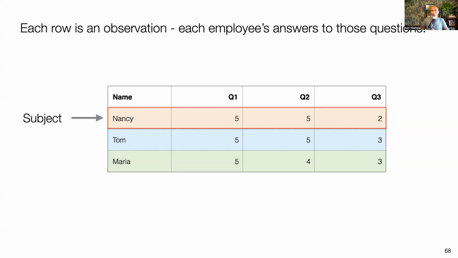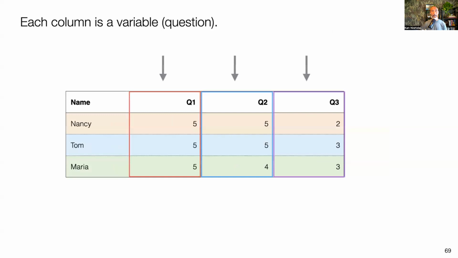So it's kind of wide and long, and kind of questionable. But one thing is clear: this is tidy data, because each column is a variable, each row is an observation, like Nancy's observation, Tom's observation, and each cell is a value, right?